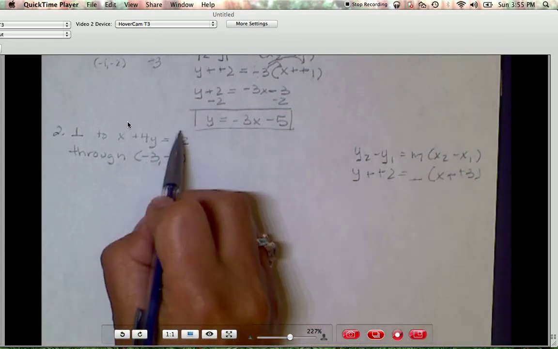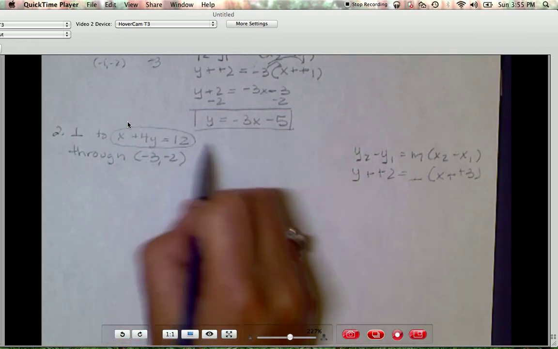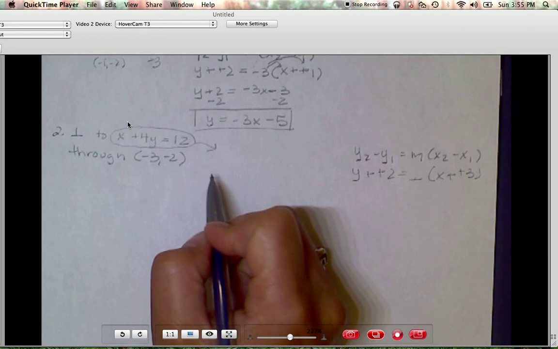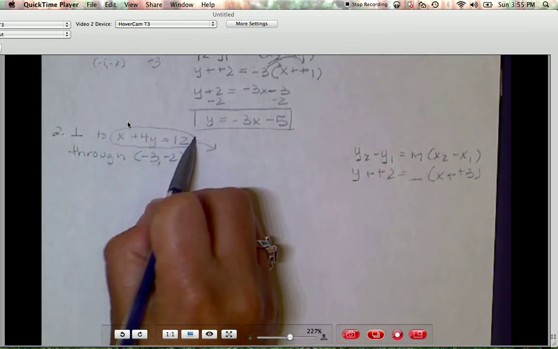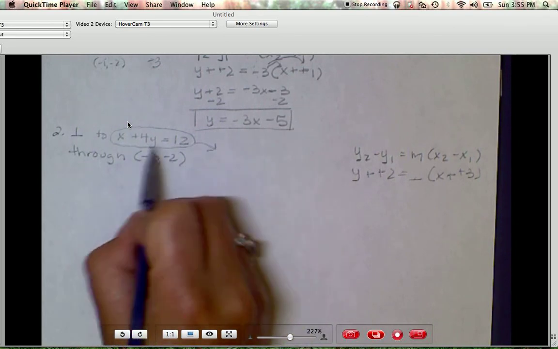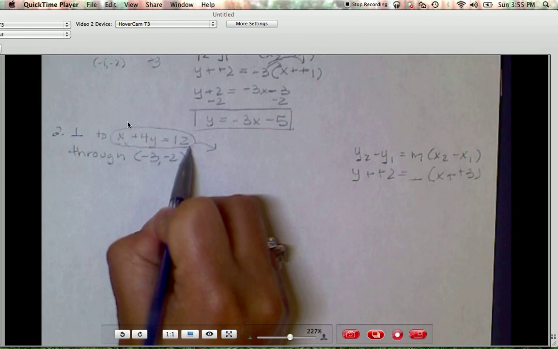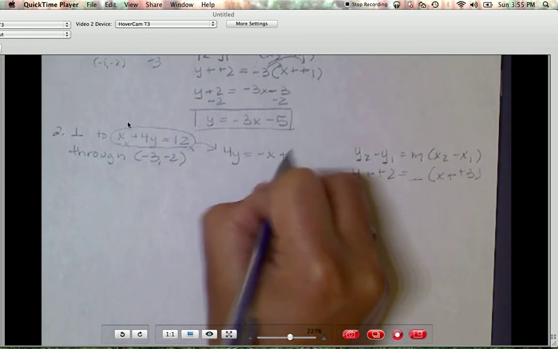So we need the slope, and the slope is going to always come from the equation that's given to you. Now you can't find the slope until you get it in slope-intercept form. So we need to move this x over to the other side because we need it in y equals mx plus b form. So we subtract x from both sides and we get 4y equals negative x plus 12.